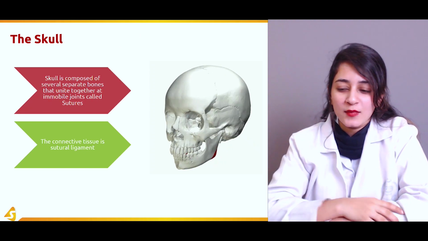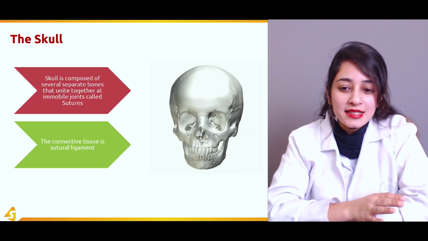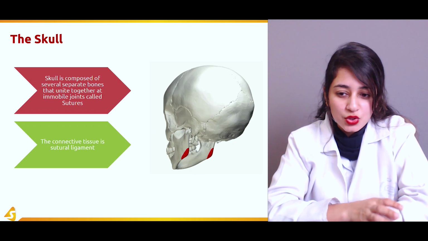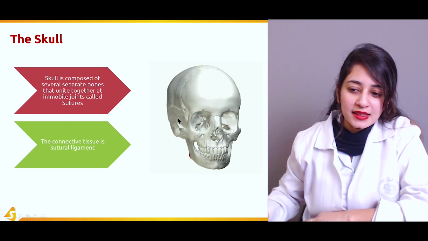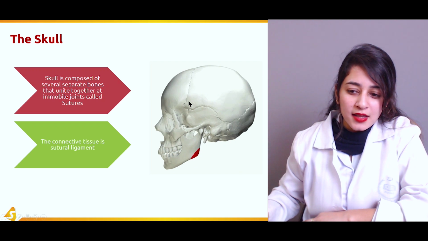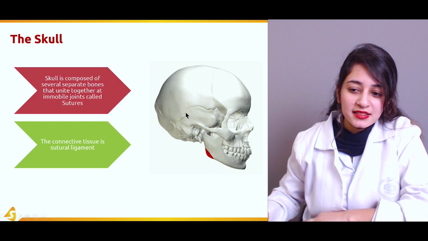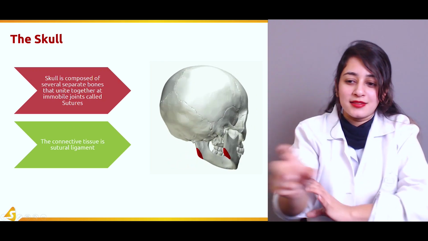The skull is composed of several separate bones that unite together at immobile joints called sutures. So the joints of the skull, let me show you this. You're watching these different kinds of lines, like somebody has thrown a hammer on its head.